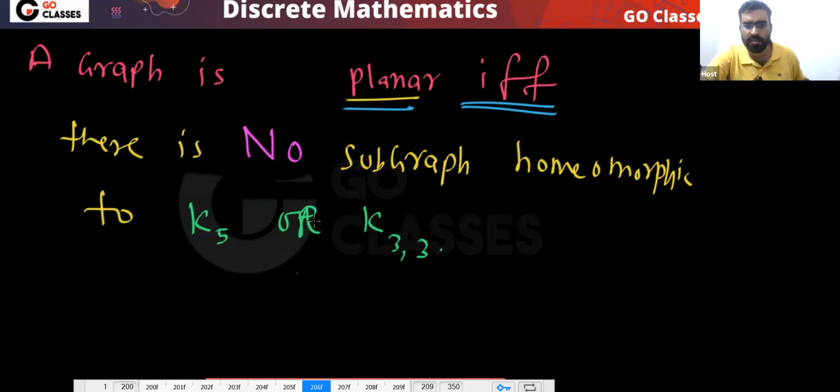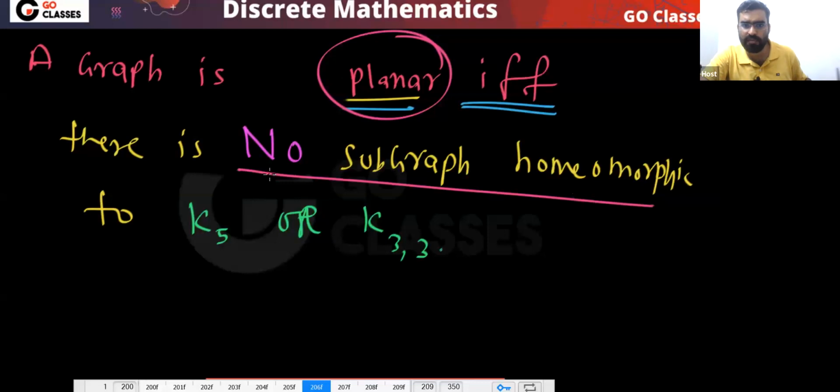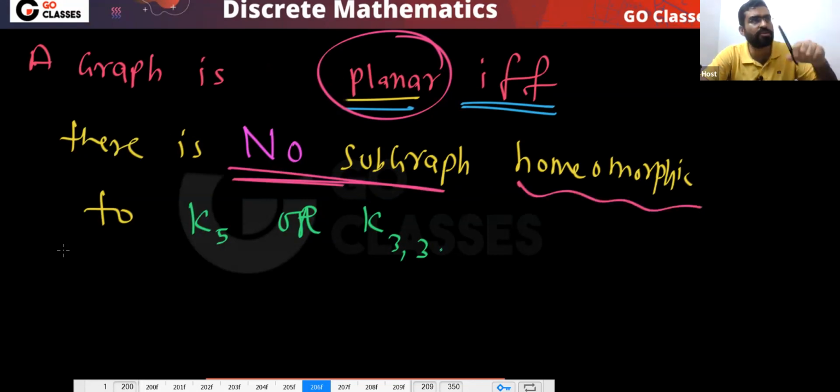Yes, this statement is correct. We don't have any subgraph which is homeomorphic to K5 or K33. So this is correct actually.